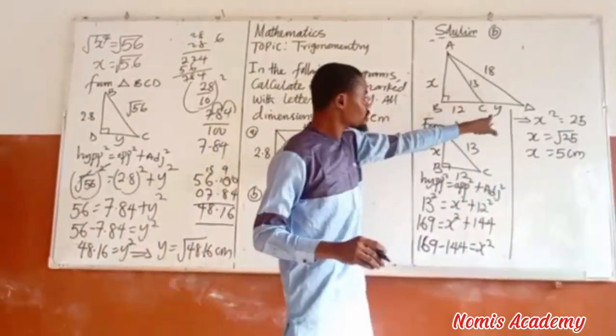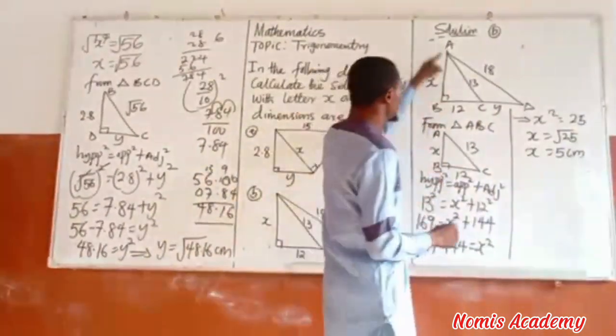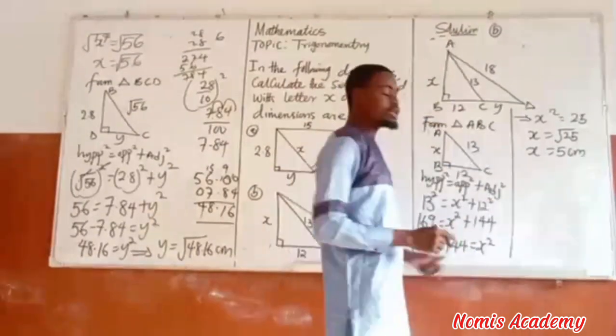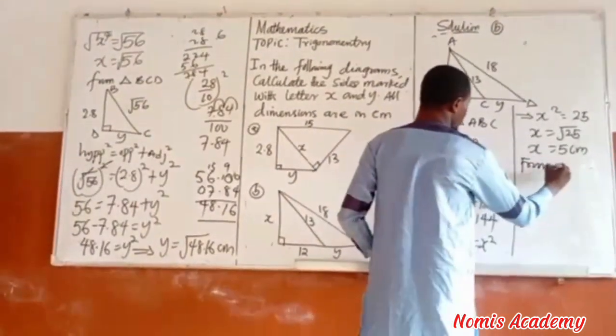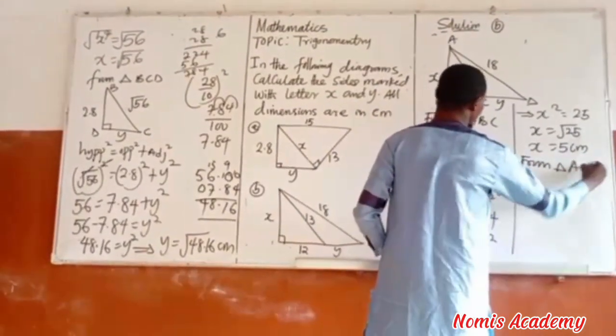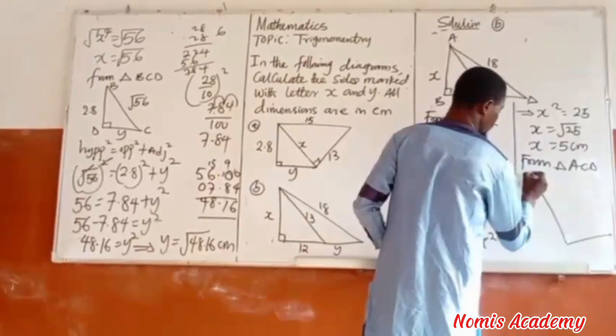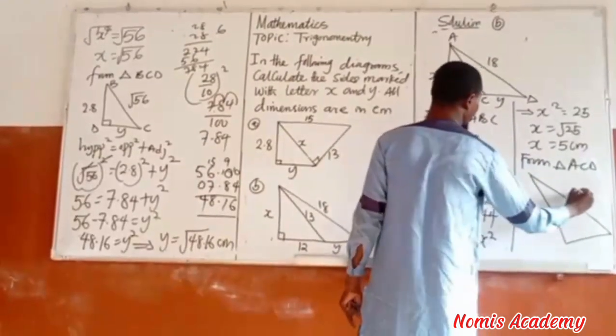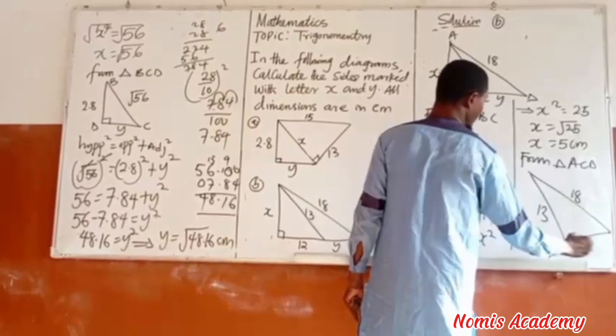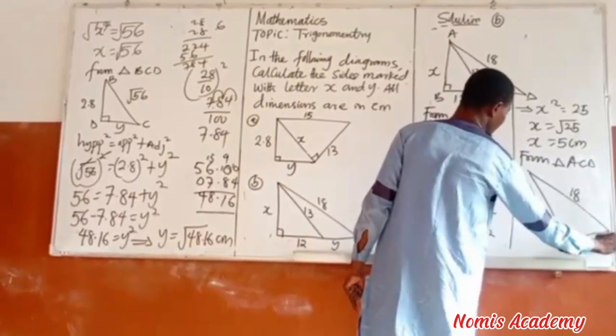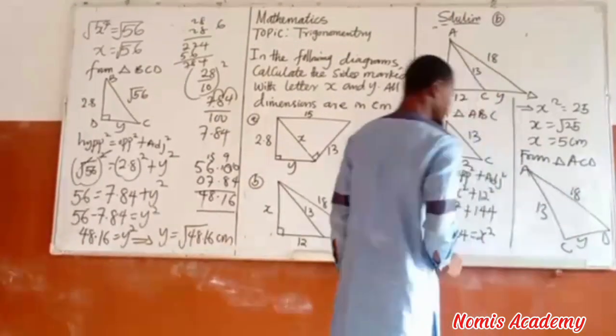So the other thing now is to find what? Y. By what? Taking triangle ACD. From triangle ACD, we have something like this. This is what we have. Here is 18, here is 13, here is Y, here is C, here is D, and here is A. Very easy.